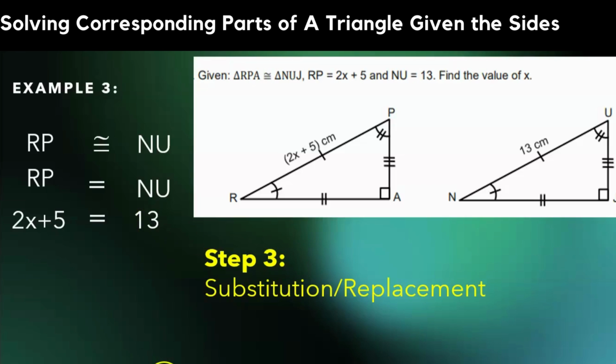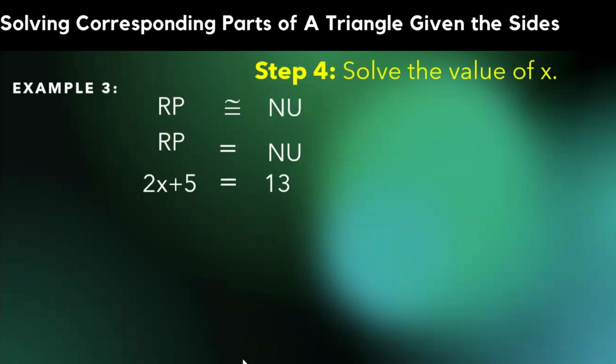Hindi po dyan nagtatapos because we are going to look for the value of x. So, meron tayong step 4. In step 4, we're going to solve for the value of x. Kopyahin muna po natin yung 2x plus 5 equals 13.